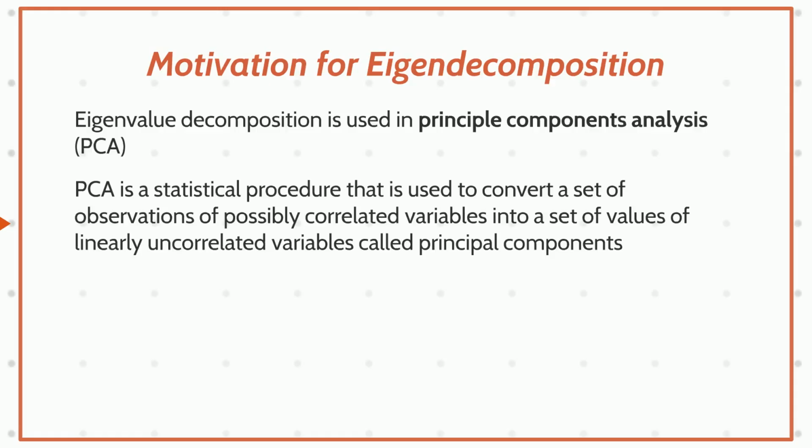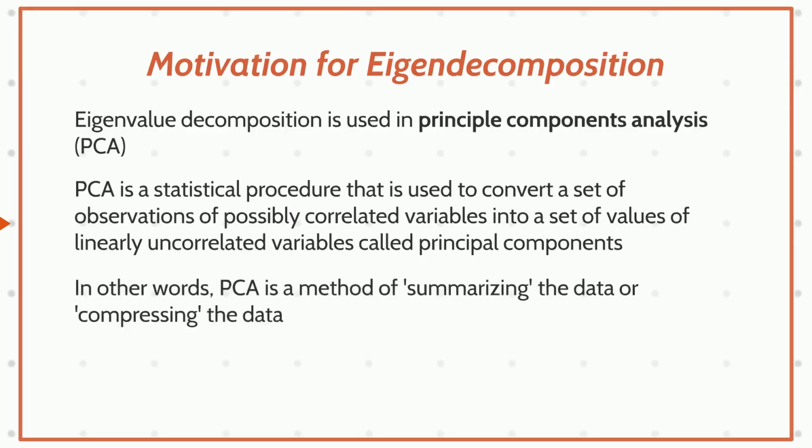There's some cool work that's been done with PCA to do visualizations of high dimensional clusters using a principal component analysis such as this. But it, in general, is a method of summarizing the data or compressing the data. And it can be found using eigendecomposition. Eigendecomposition is actually one of the fundamental steps in principal component analysis.